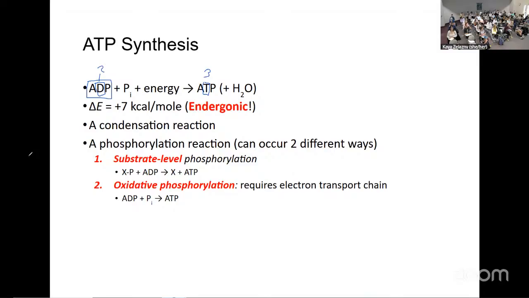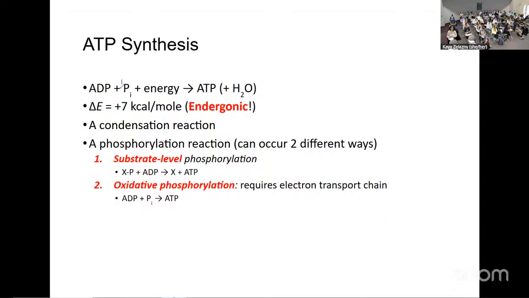So this does count as a condensation reaction as well. If you'll notice, we make some water as a byproduct here. We might also refer to it as a phosphorylation reaction. So these are all different things that are true about this process, different ways we could describe it. A phosphorylation reaction, because we're talking about a phosphate group.